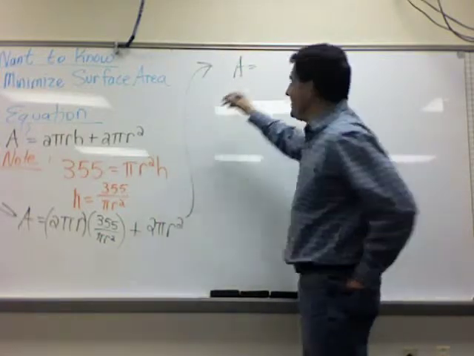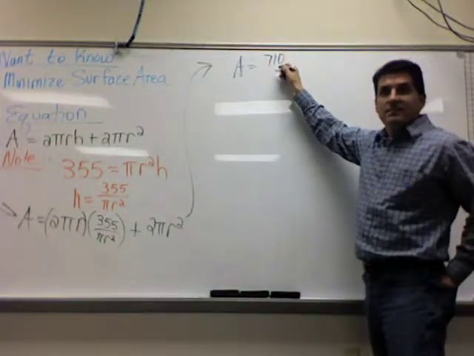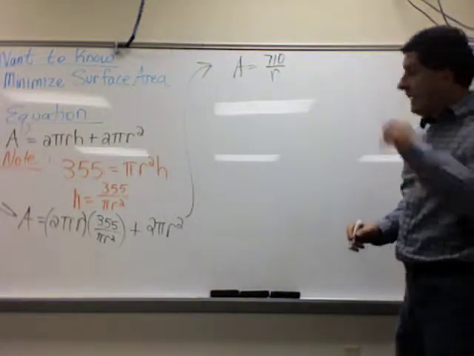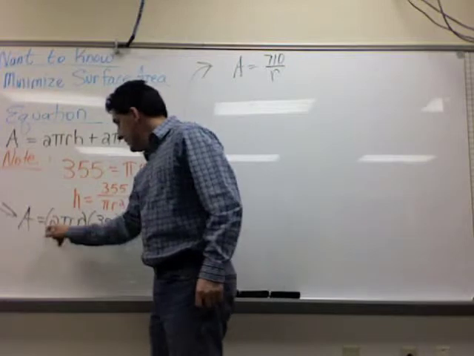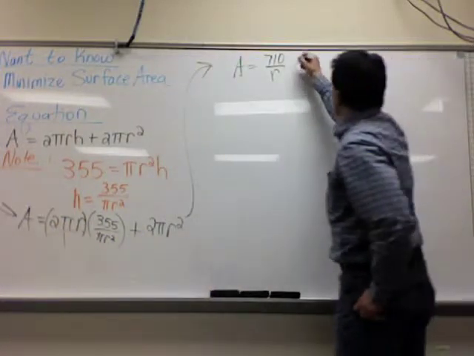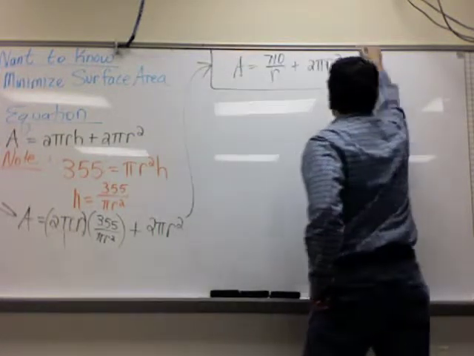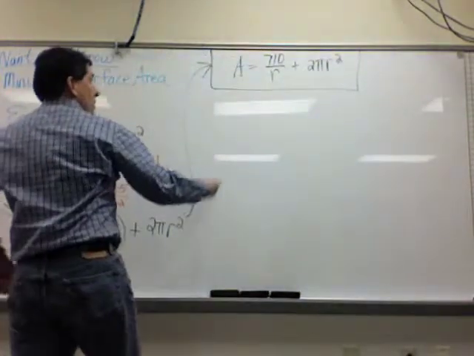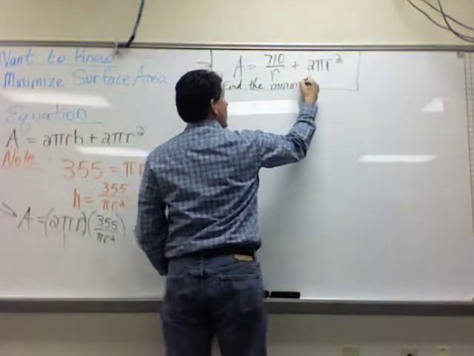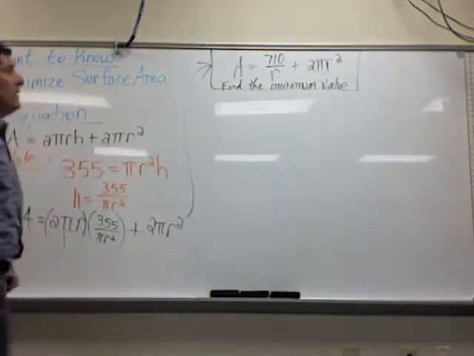Yes, yes. 710 over R. Everything else cancels out, right? Pi cancels. Remember, this is upstairs. 1's in the basement. And then we multiply. Plus 2 pi R squared. Put a big box around this, because this is what we want to find the minimum value of. We want to find the minimum value of that equation.